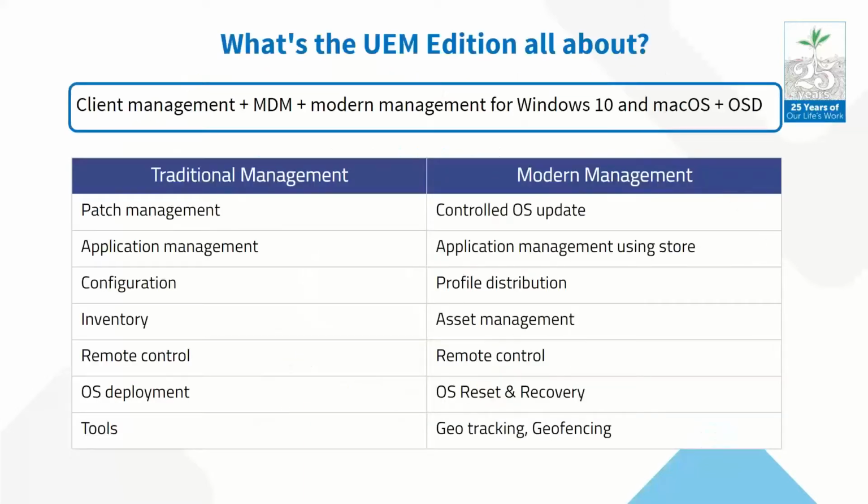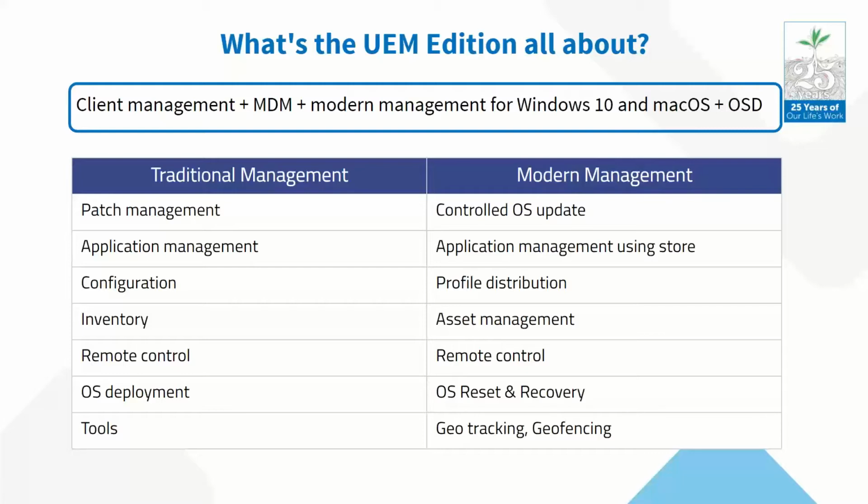So what is Desktop Central's Unified Endpoint Management Edition all about? Traditionally, we had client management tools. If you managed machines 15 years back, we all called it client management tools, different tools for different purposes. Then enterprise mobility management, MDM, mobile device management came into the picture. Right now, it's all about modern management of different operating systems.